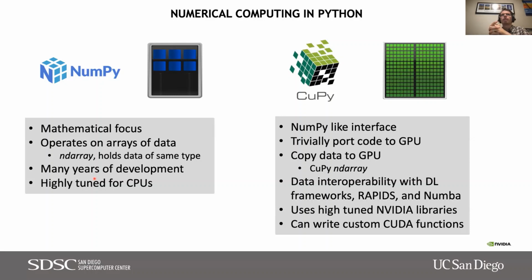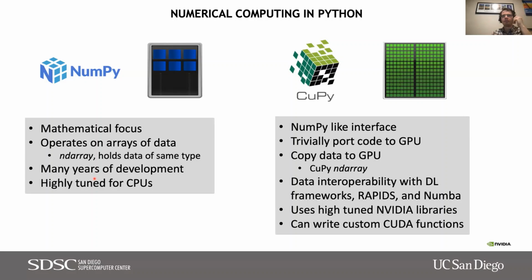Talking about numerical computing in Python, I just want to mention that if you're familiar with NumPy, there's something called CuPy, and it has a NumPy-like interface, and it's trivial to port the code to the GPU.